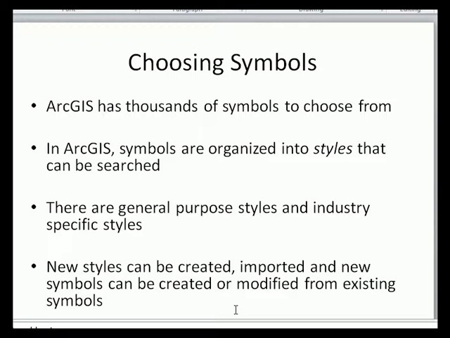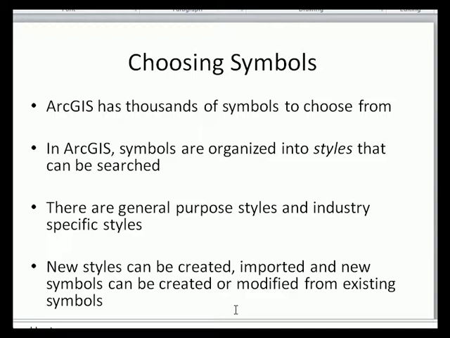So there's literally thousands of styles. You can create your own style, and you can pull from existing styles and make your own. You can also create your own symbols. So it's kind of useful to create your own style. Sometimes you'll create a style and it will, if you have one map that you've got a bunch of different symbols going in, you'll create a style for that map.